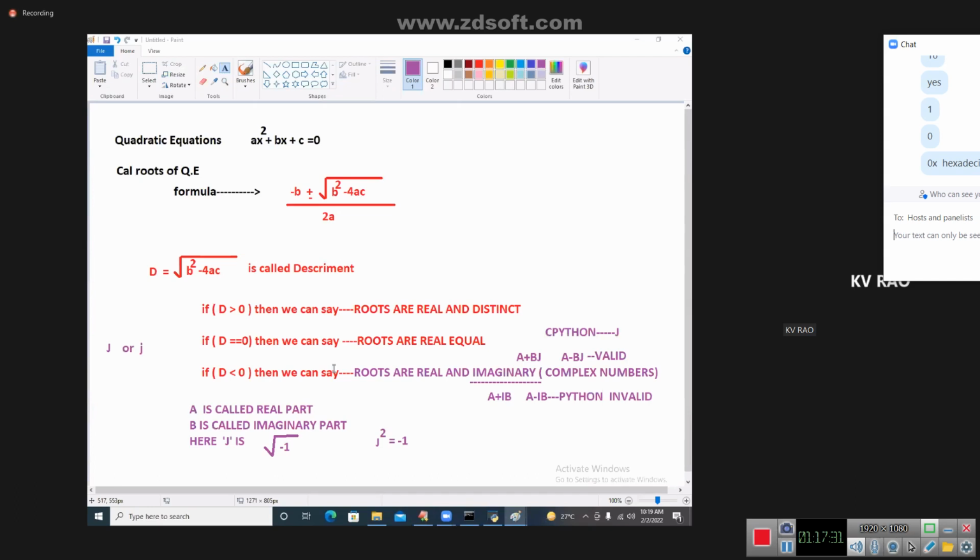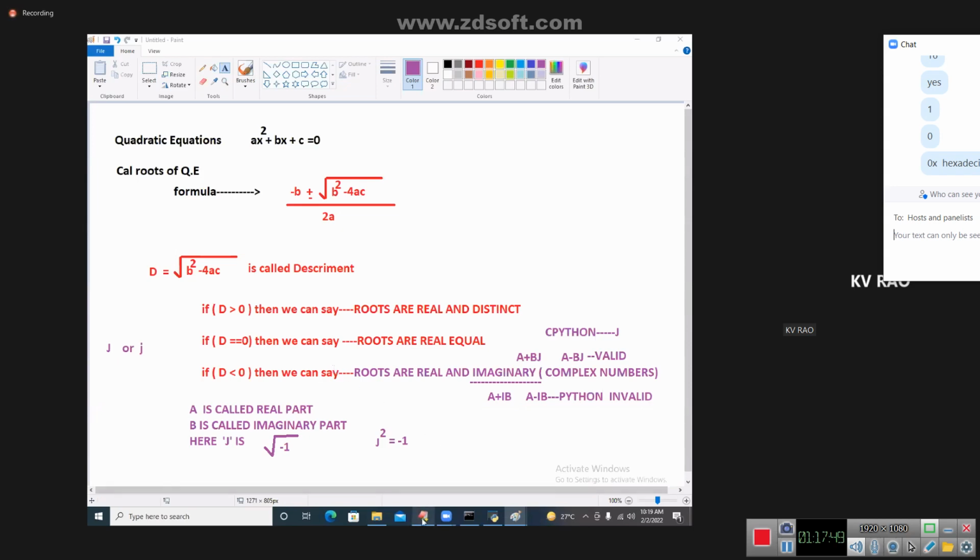If you want to work with those complex numbers, we need to learn the algorithms of data science. To fulfill those kinds of programs, we are supposed to learn the complex data type in Python coding.